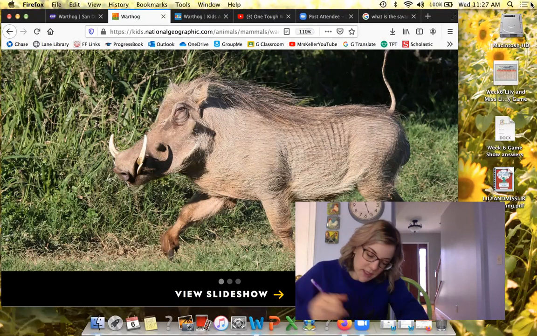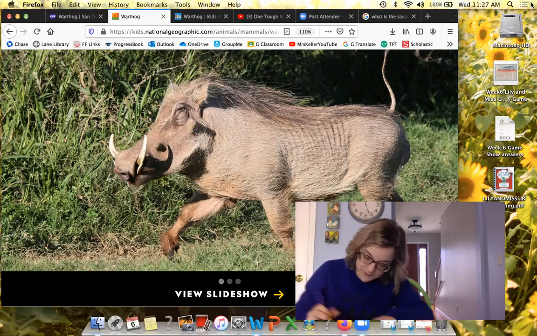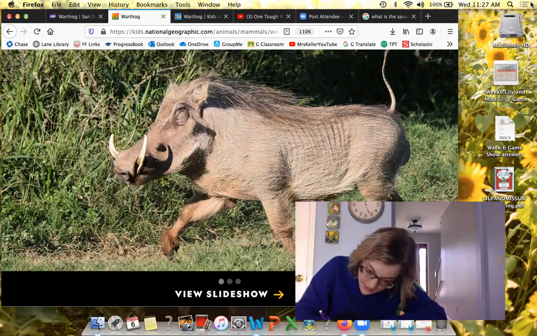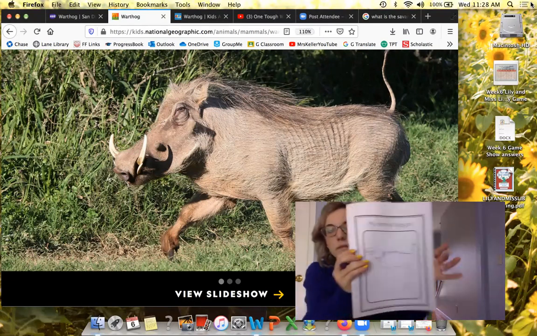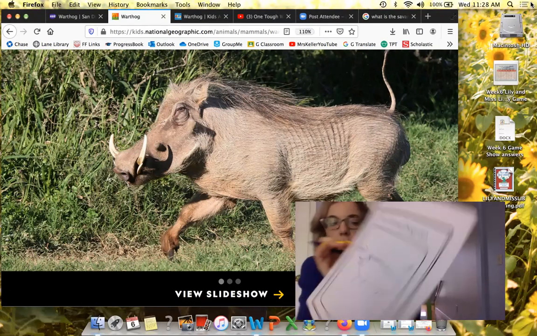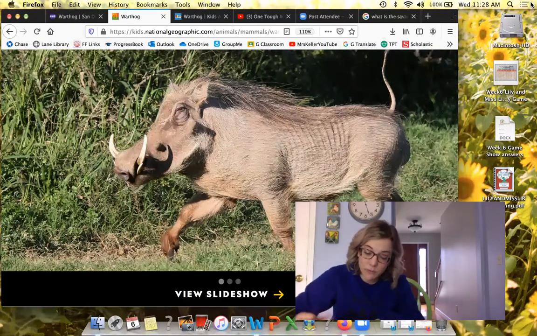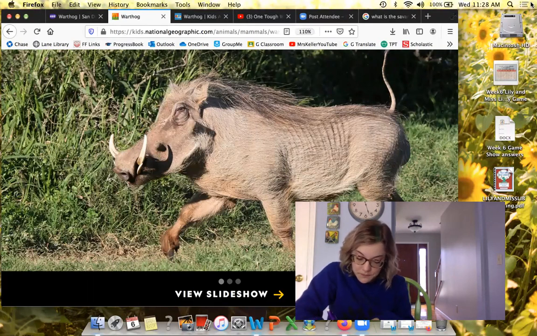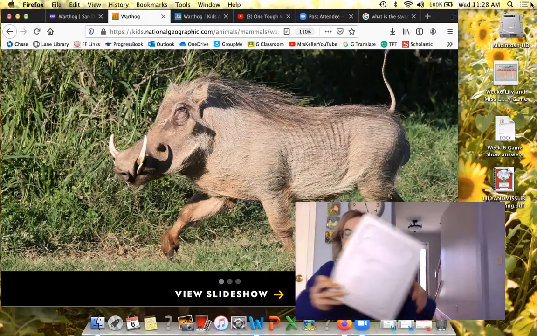I would definitely want to label, because that's what a diagram does, it labels the tusks. I would want to maybe label the hooved feet, even though you can't tell in my picture, but I would want you to obviously spend more time on your picture.